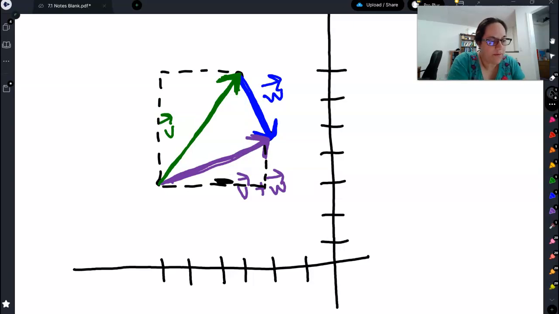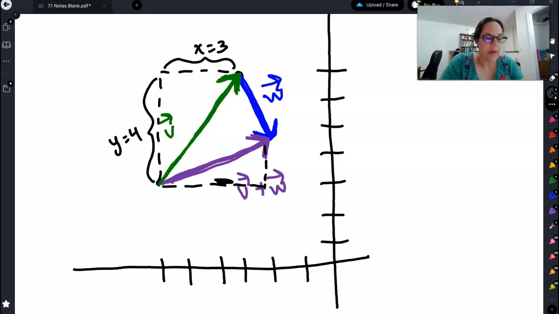Here's my component form of V. Now let's do the component form of V plus W. There we go, much cleaner.